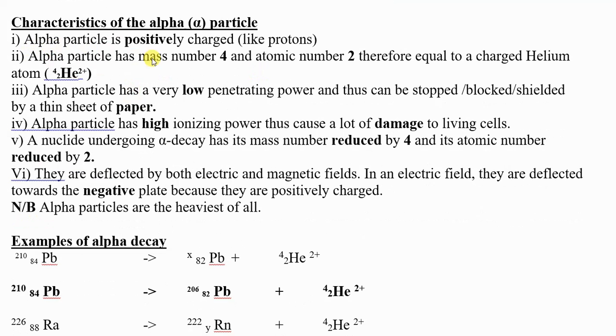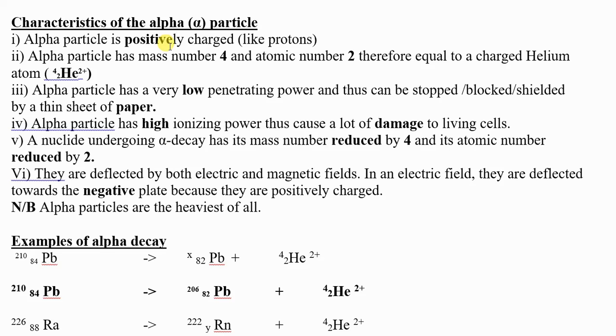Number 1, an alpha particle is positively charged, like protons. Very important. When this alpha particle is put in an electric field, if you don't know that it is positively charged, you will not know to which direction it will be deflected.